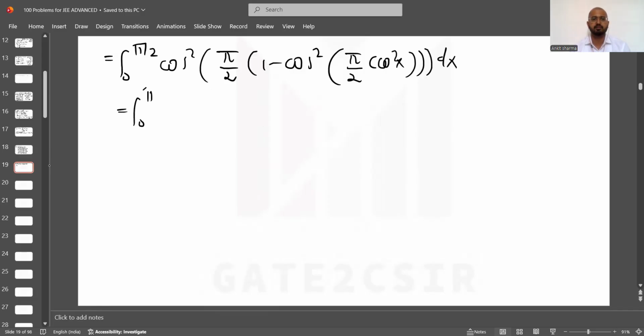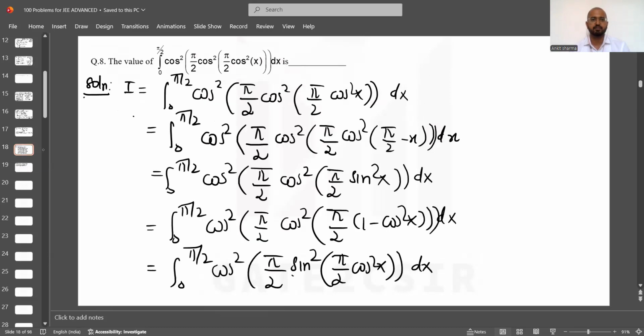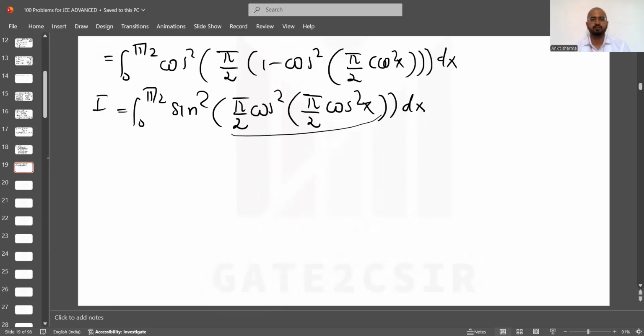And this is nothing but again you see cos square of pi by 2 minus, so that means this should be written as sine square of again pi by 2 into cos square of pi by 2 into cos square of x dx. Now this is also I. So if we look at this, what do we have here? Is cos square of some theta here, and the same theta I have here also.